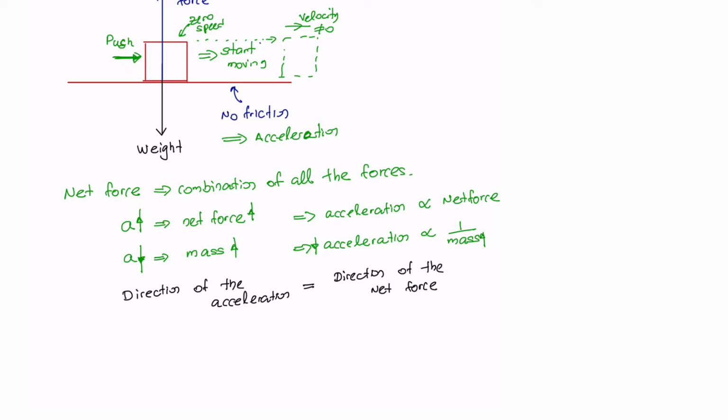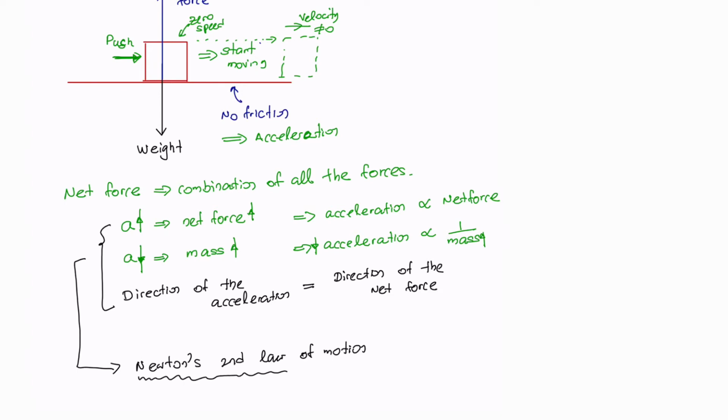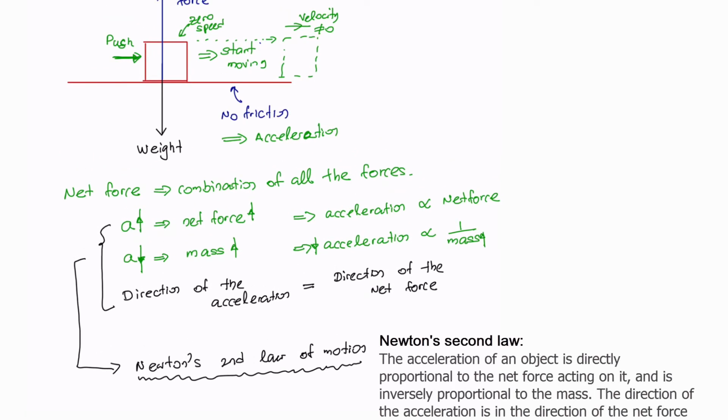Alright, combining these three results, he came up with Newton's second law of motion. The acceleration of an object is directly proportional to the net force acting on it, and it is inversely proportional to the mass. The direction of the acceleration is the direction of the net force acting on the object.